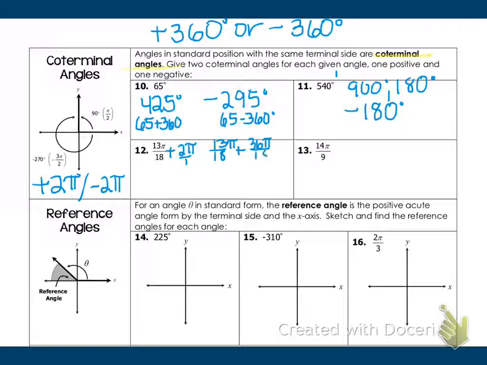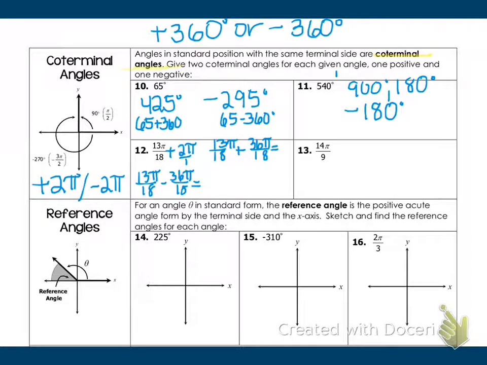Now I have a common denominator, and I could just add those to get my positive coterminal angle. But I could also do the same thing, but instead subtract 36 pi over 18, and that would give me my negative coterminal angle.